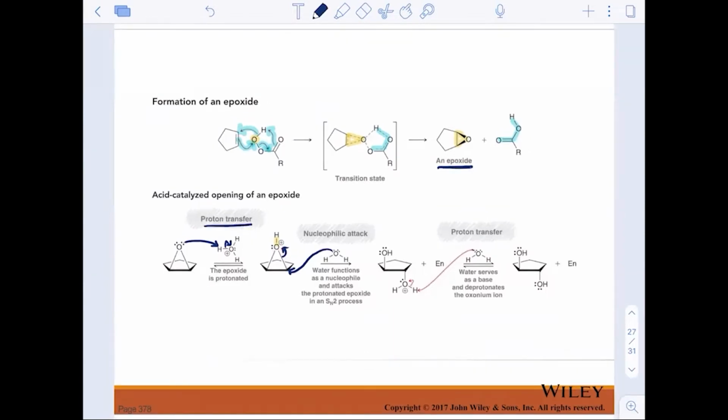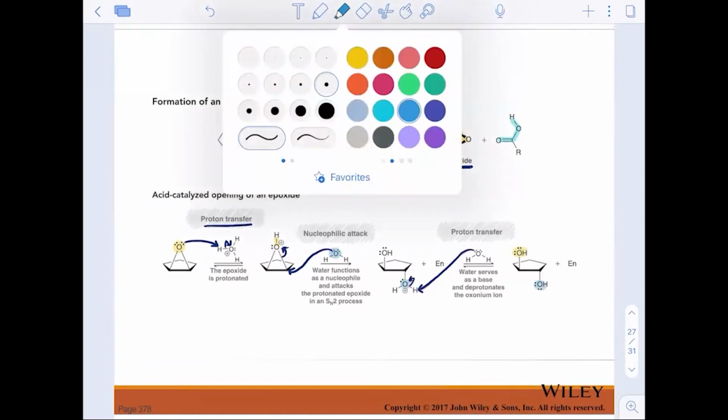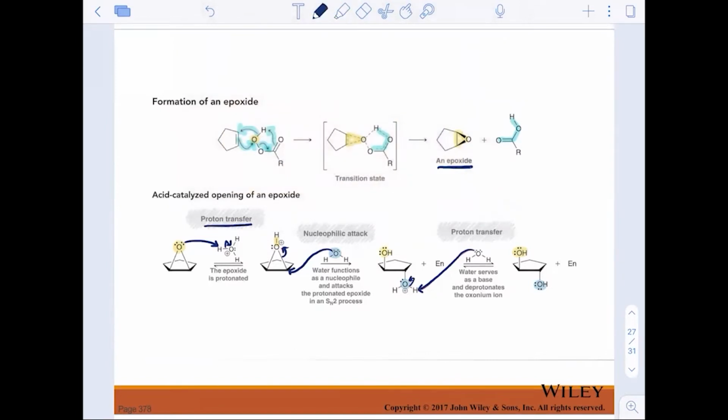And then the last little proton transfer is just to make sure that we get 2 alcohol groups. So that first oxygen is from the actual epoxide. The second oxygen is from the water coming in. So we can see how that anti-addition occurs. We don't usually call this reaction stereo or regioselective because again, we're adding 2 identical groups, but it is stereoselective. We can see anti-addition only occurs.